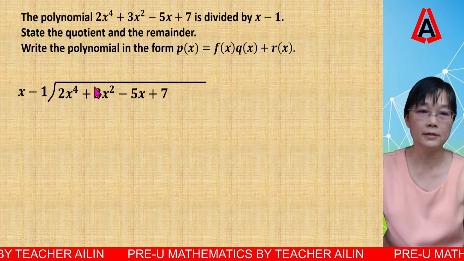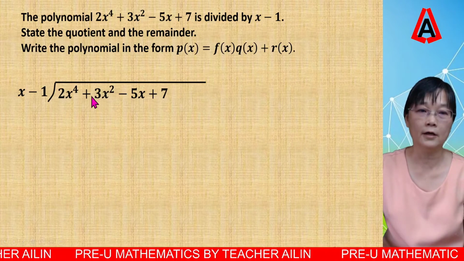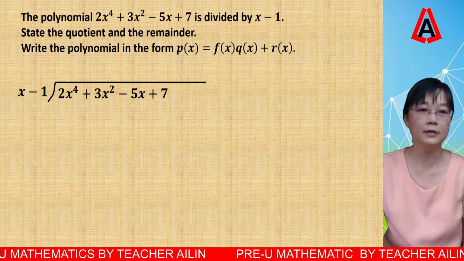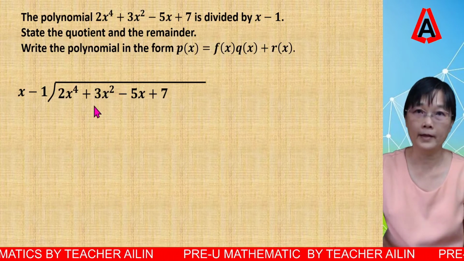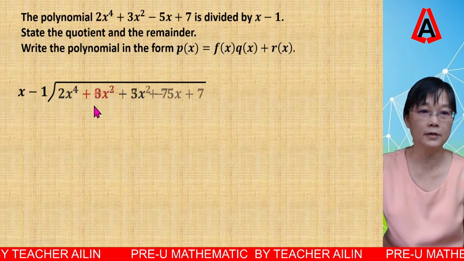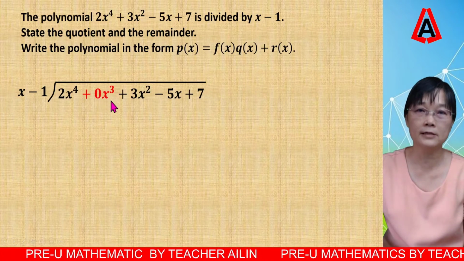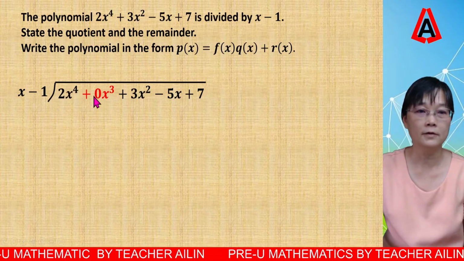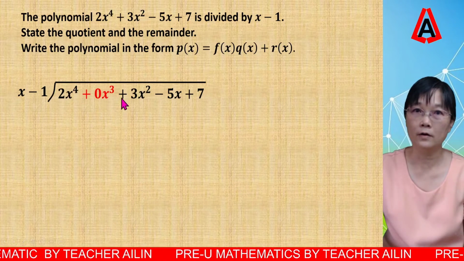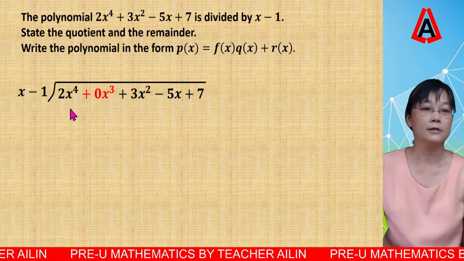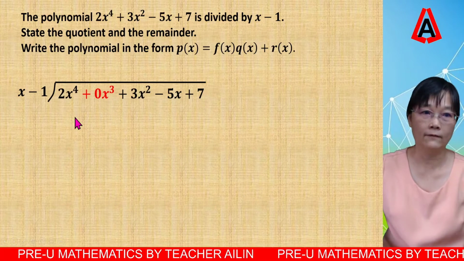Notice here, we don't have the x power 3. If we don't have x power 3, we should replace it with the coefficient 0, that is, 0x power 3. So now the powers of x are in descending order. Now we can start doing the division.